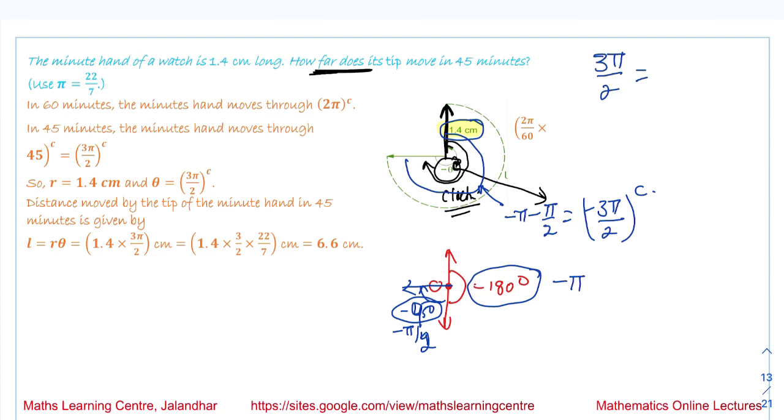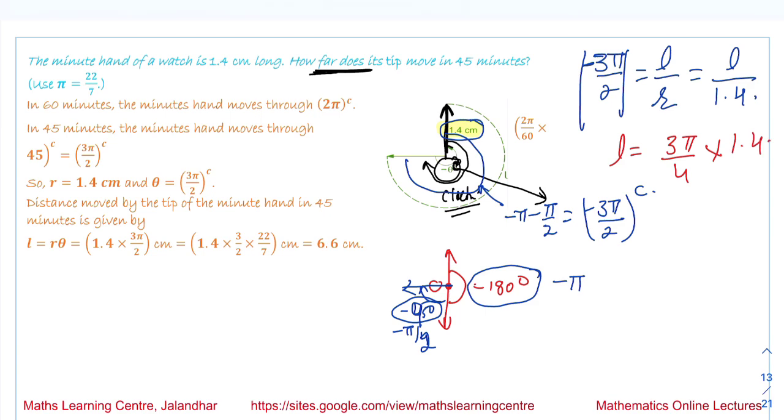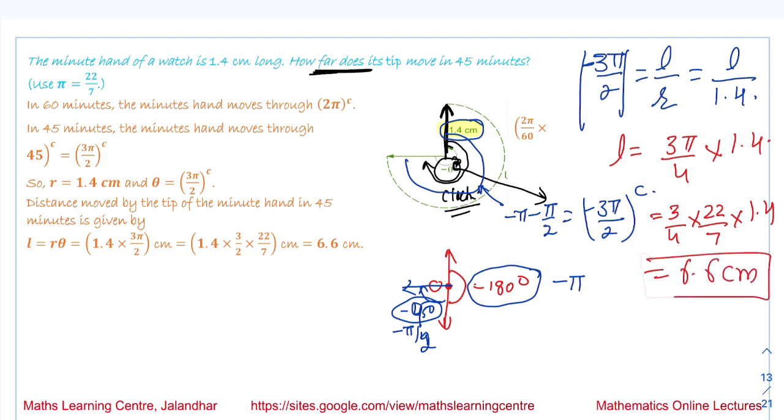We are calculating the length, so we take the mod and use the positive value: minus 3 pi by 2 mod should be equal to L over R. The value of radius is given to be 1.4, so the value of L we obtain is 3 pi by 4 into 1.4. This comes out to be 3 by 4 into 22 by 7 into 1.4. On simplifying, the answer we obtain is 6.6 centimeters.